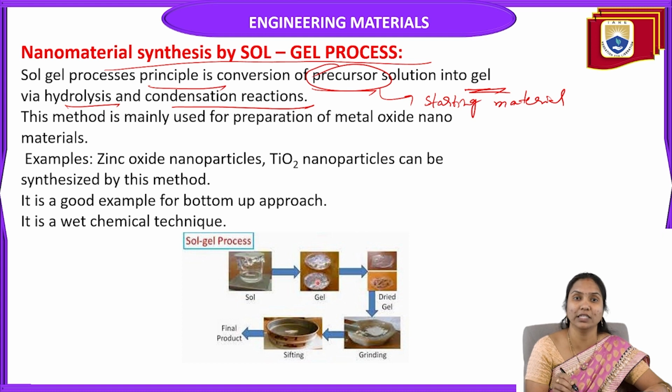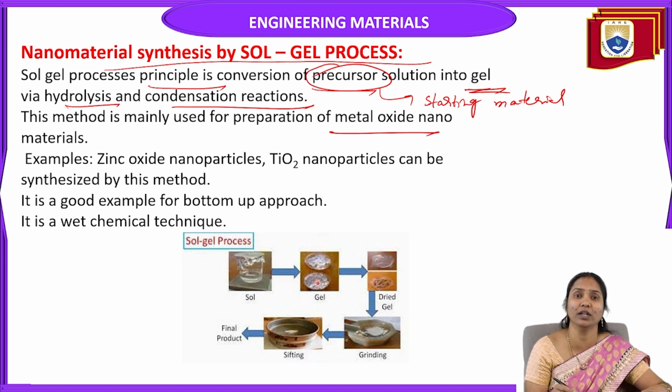This sol-gel method is mainly used for preparation of metal oxide nanomaterials. For metal oxide nanomaterial synthesis, we mainly prefer this sol-gel method.